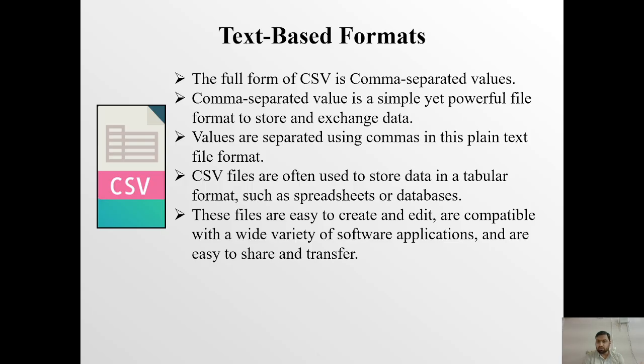CSV files are often used to store data in a tabular format, such as spreadsheets or databases. These files are easy to create and edit, are compatible with a wide variety of software applications, and are easy to share and transfer.